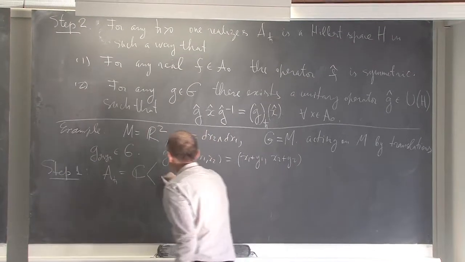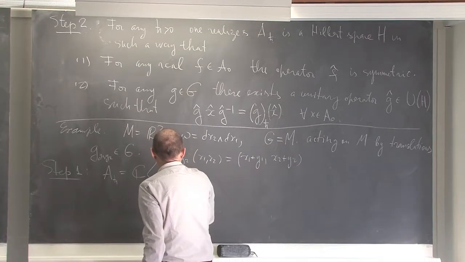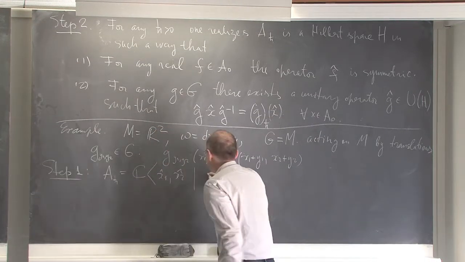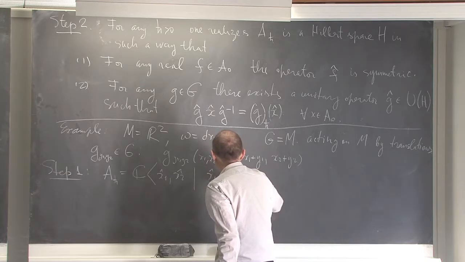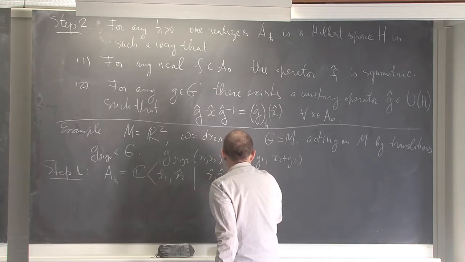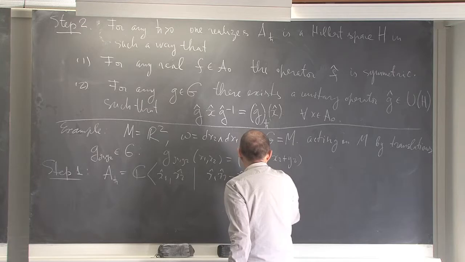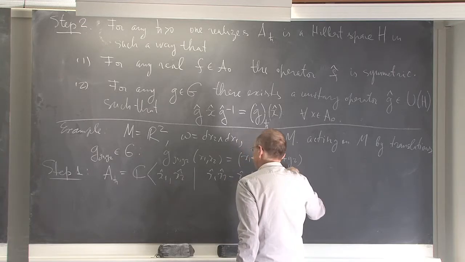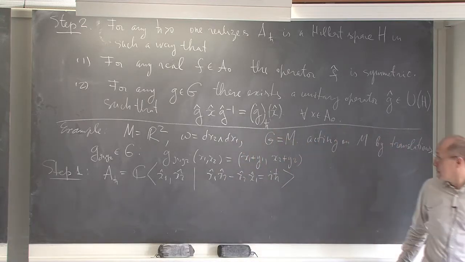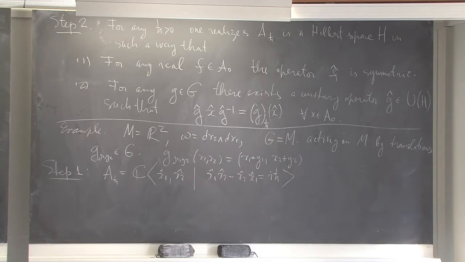It is generated by X1 hat, X2 hat with relation X1 hat times X2 hat minus X2 hat X1 hat equal I h bar. So that's the definition.